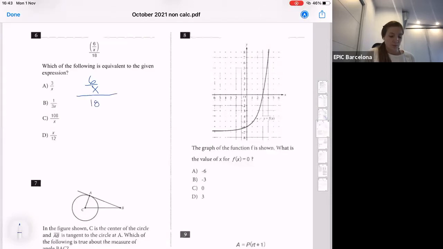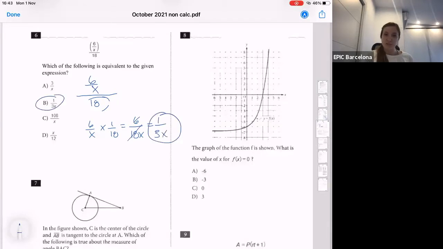If I divide, I'm going to take the reciprocal of the denominator, which would be 1/18, and I would get 6 over 18x, which it can reduce further, right? The numerator and denominator are divisible by 6. 18 divided by 6 is 3, so it would be 1 over 3x. Pretty simple and amazing, right?